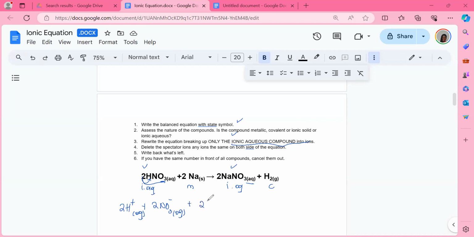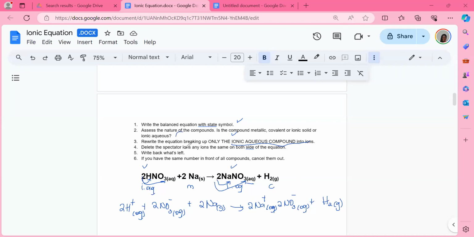I write it back as is, so it's 2Na solid. Then I have sodium nitrate, which comprises 2 ions, the sodium ion and the nitrate ion. The 2 there means it's 2 sodium ions, and the 2 times 1 nitrate means I have 2 nitrate ions, aqueous. And the H2 gas means it's covalent. I cannot break up that compound into ions.